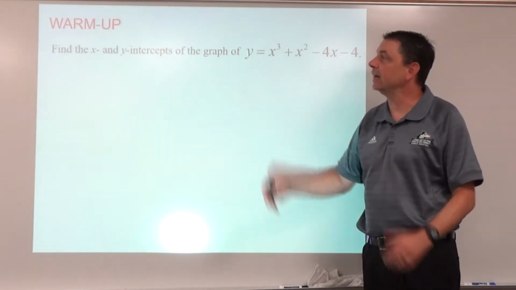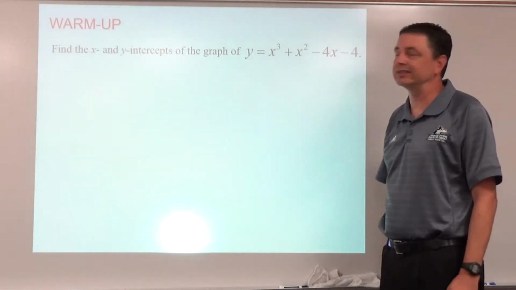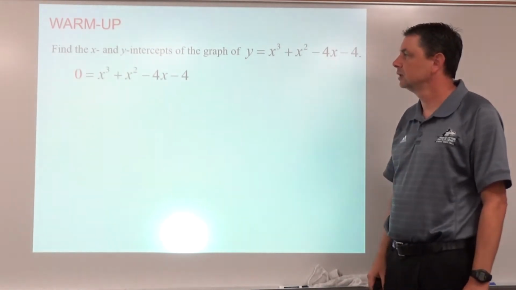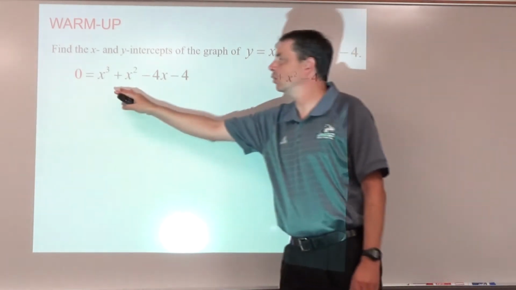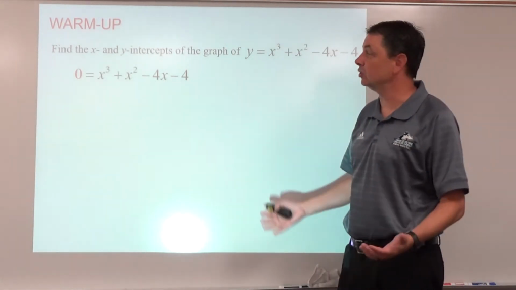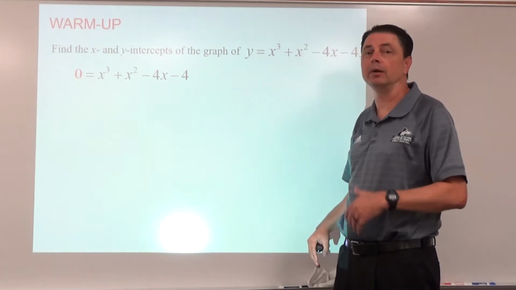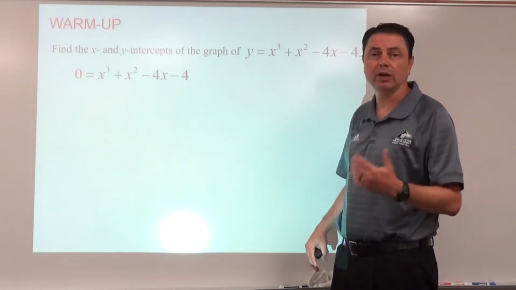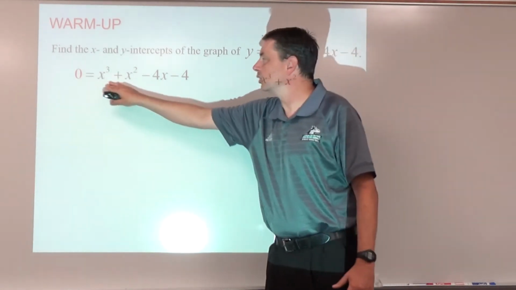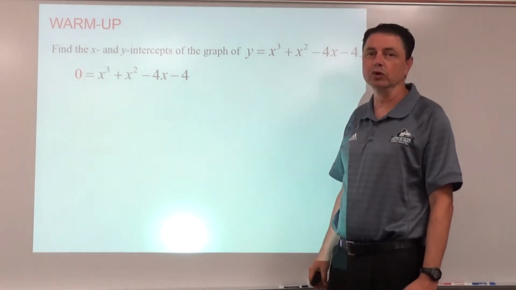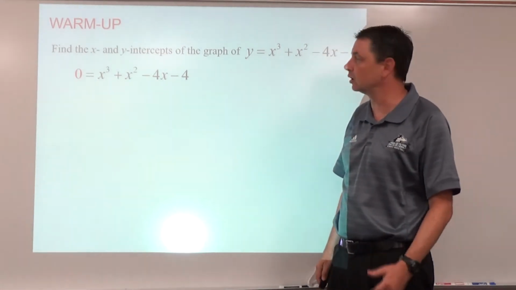All right, to find the x-intercept, we're going to set y equal to 0. And one of our strategies would be to factor. Now, back from Math 3, possibly even Math 2, with 4 terms, factor by grouping was a strategy that you learned.